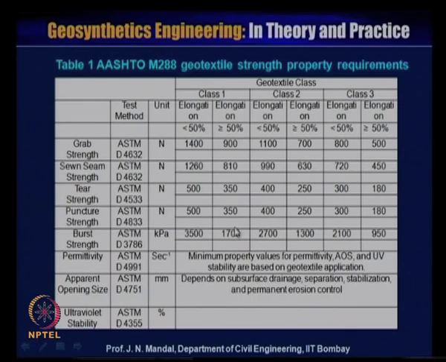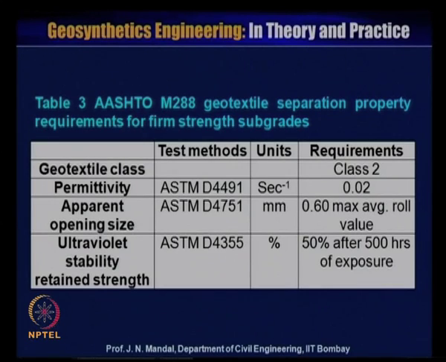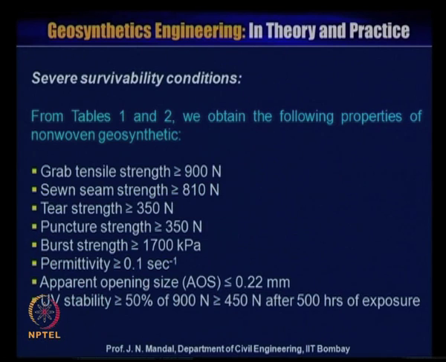So, we have taken all these values, that is Grab strength, strain seam strength, tear strength, puncture strength, burst strength, etc. And also for permittivity we have taken 0.1 and 0.22 of maximum average roll value. So, this way we have solved this problem, and this is for severe serviceability condition.